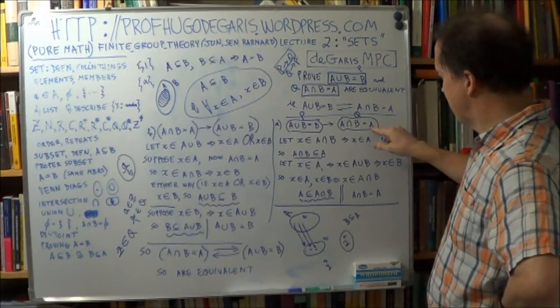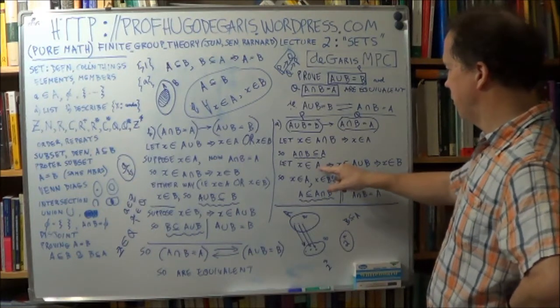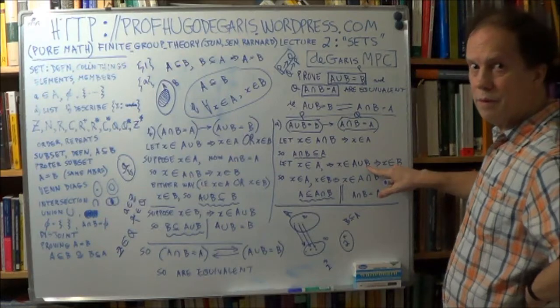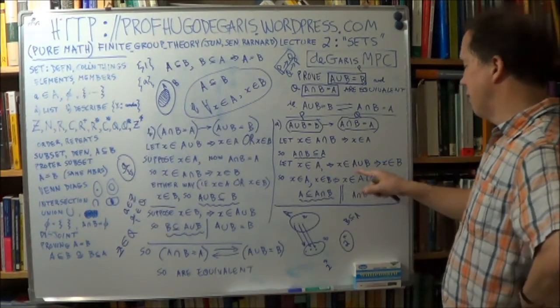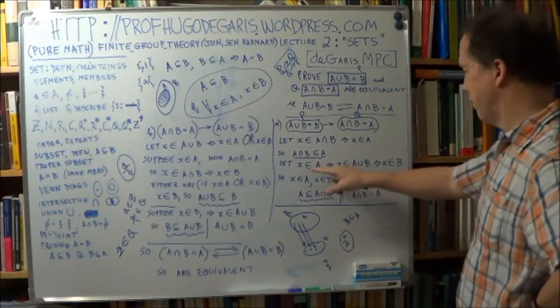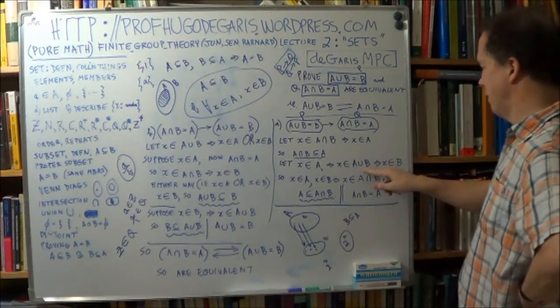So let's say X belongs to A, right? Now if it belongs to A, X belongs to the union. Okay, that's the definition of the union. The union can take elements of A or B. So if X belongs to A, X belongs to the union of A and something else. Okay?